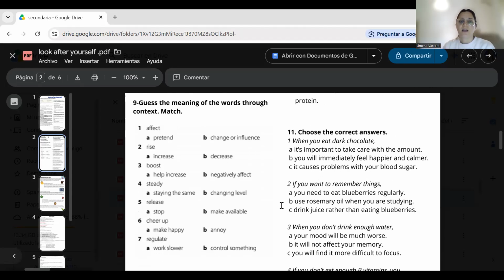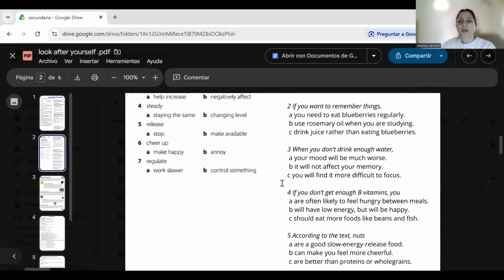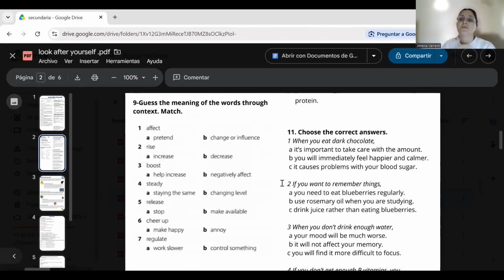And then I told students that they had to do activity 9, in which they had to choose the meaning of the words which appear next to the numbers. And I told my students they had 5 minutes to do so. So, for example, it was 10:25, and I told them that at 10:30 we were going to check.